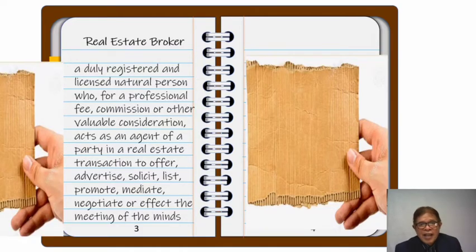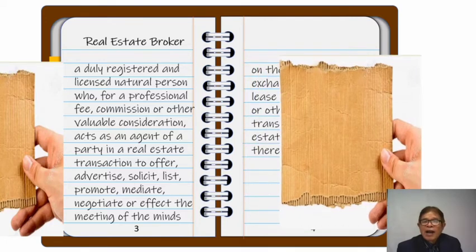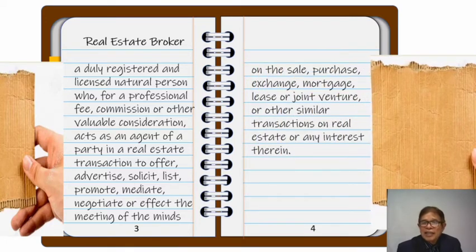It's this: a duly registered and licensed natural person who, for a professional fee, commission, or other valuable consideration, acts as an agent of a party in real estate transaction to offer, advertise, solicit, list, promote, mediate, negotiate, or effect the meeting of the minds on the sale, purchase, exchange, mortgage, lease, or joint venture, or other similar transactions on real estate or any interest therein.